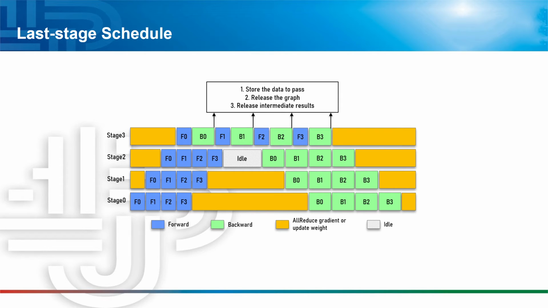Therefore, we introduce the last stage schedule to reduce the big peak memory consumption in the last stage. Hippie will schedule one forward of a mini-batch followed by one backward strictly, advancing the release of the graph. The figure shows the specific workflow of the last stage, and the schedule above will not affect the other stages.